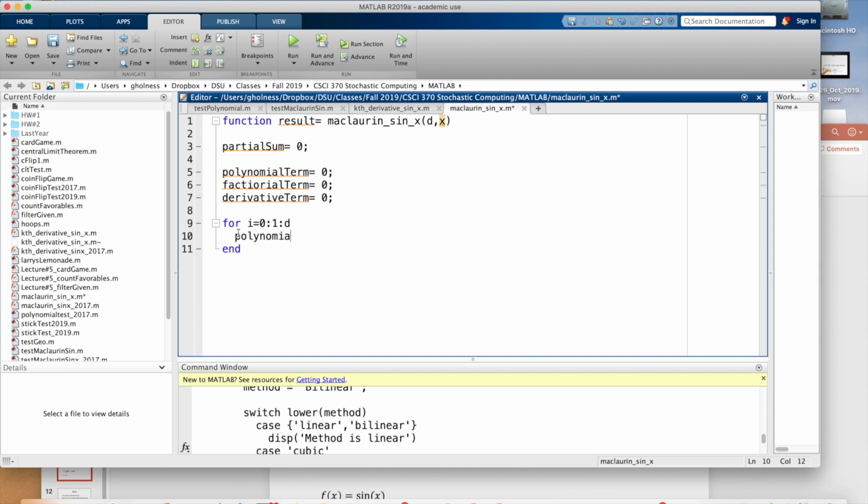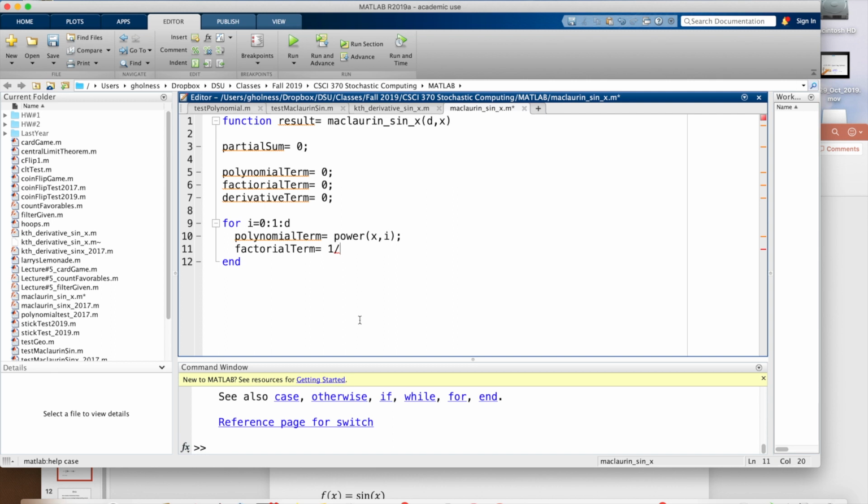Okay, so my polynomial term is just going to be power. I'm going to raise x to that power I, x to the ith power. Okay, there's my polynomial term. So now my factorial term is going to be 1 over the factorial of that particular index. So factorial of I, right?